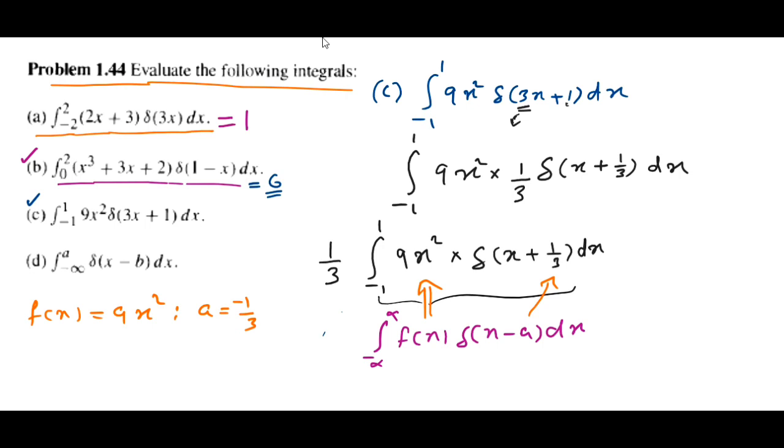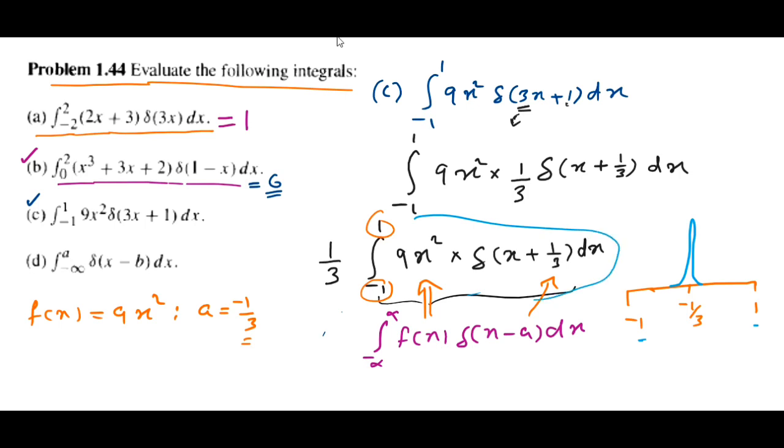Now you have to check whether this value of a is coming within the domain of the integral minus 1 to 1. If I draw here, the lower limit is minus 1, the upper limit is 1, and minus 1 by 3 comes exactly here, which means within the limits minus 1 and 1. Therefore our peak will be like this. Therefore, the value of this integral will never be 0.